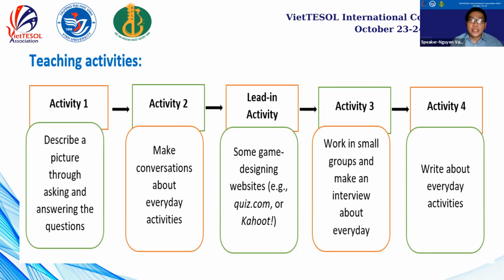It means the teacher designs some game based on an available website, for example, Quizizz or Kahoot. In this game, the teacher integrates a grammar structure, I mean the form of the verb in the present simple. This makes the game more relevant and meaningful in learning.